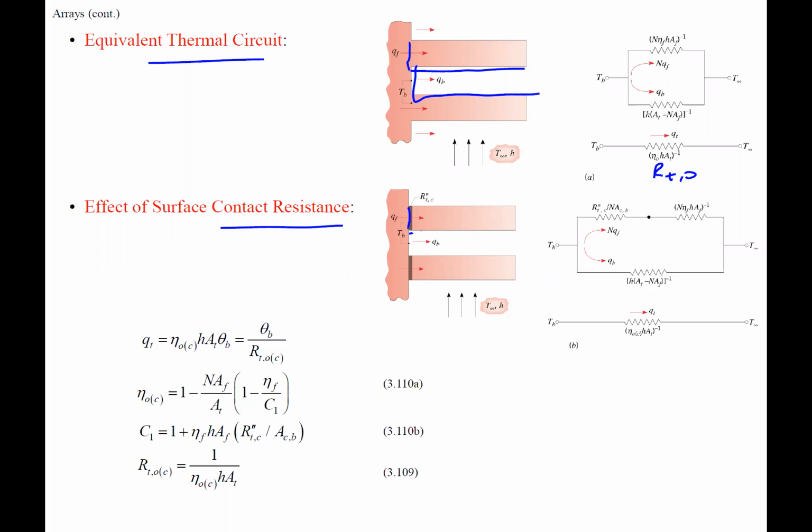Now that weld, or however we're connecting it, has a contact resistance. We have to take that into account, and that's all this is now. Overall with contact resistance it's a single resistor, and if we go through our equations, we can account for that contact resistance we have there.